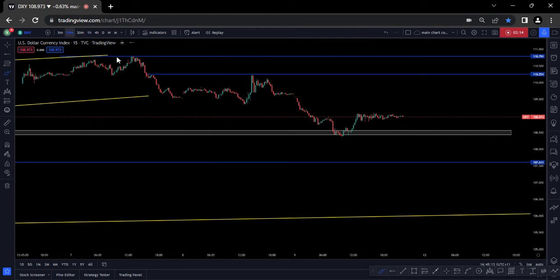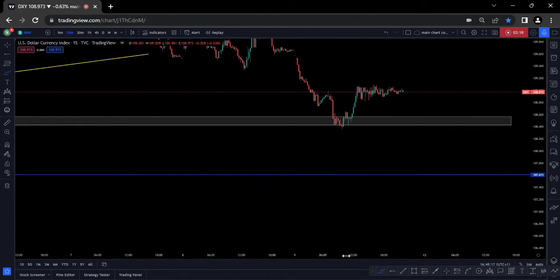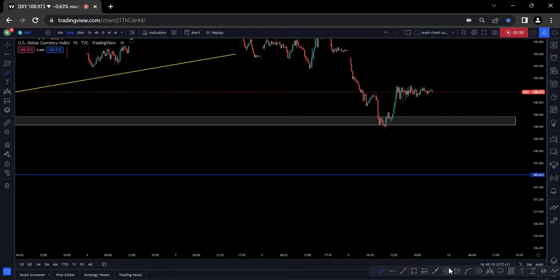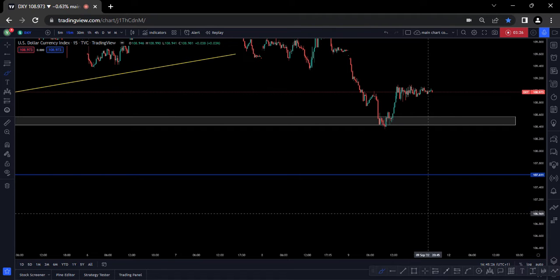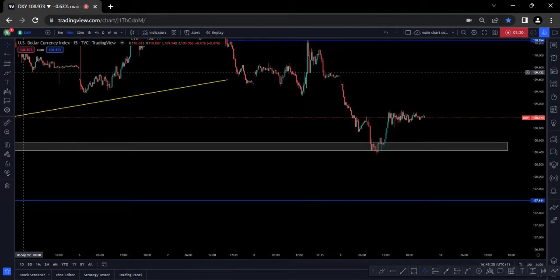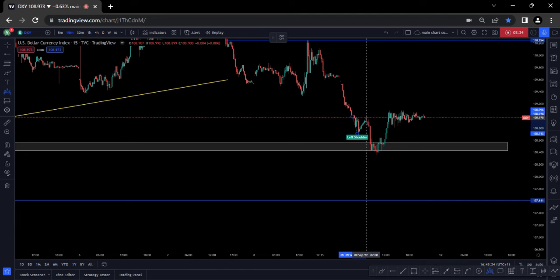If we check the 15 minutes, you can see it forms something like a head and shoulders pattern, but it's not that perfect. As we know, the market is not perfect. We're not seeking perfection.